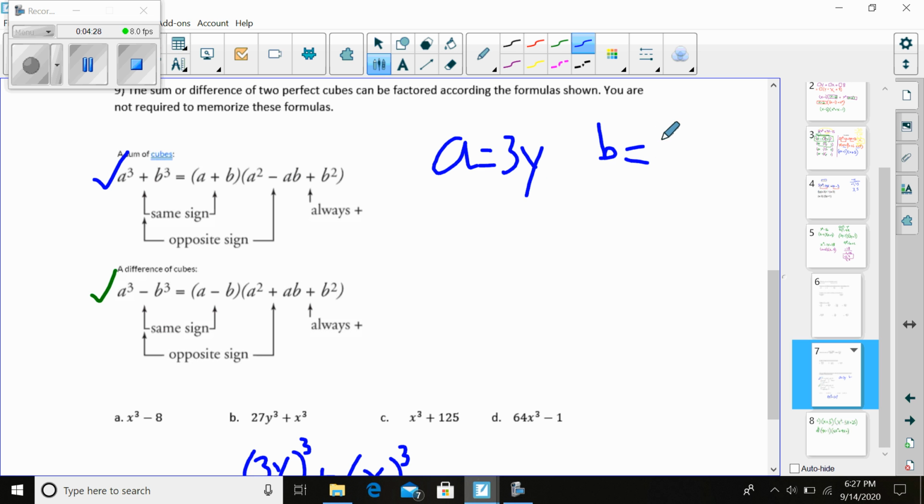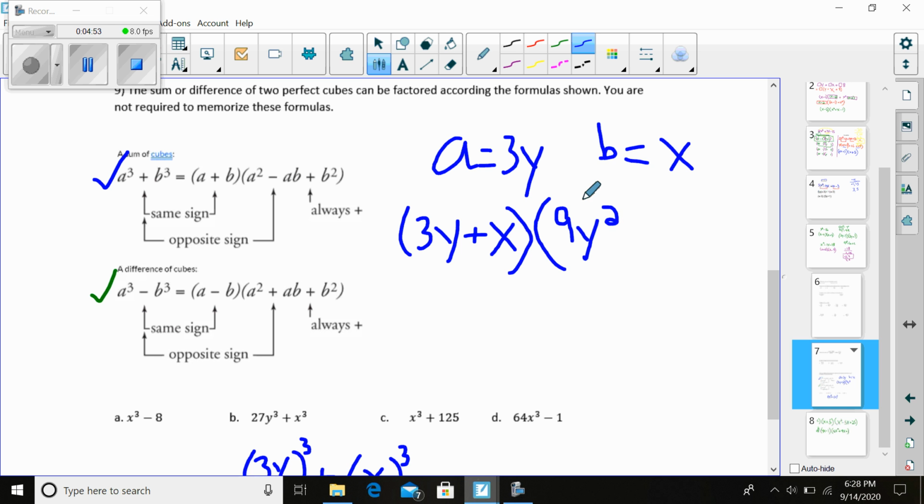Okay, and then we just plug in. So this tells me that in order to factor this, I do A plus B. Then I have to square A. Make sure you square both the 3 and the y. Okay, it's the entire quantity squared, so that would be 9y squared.